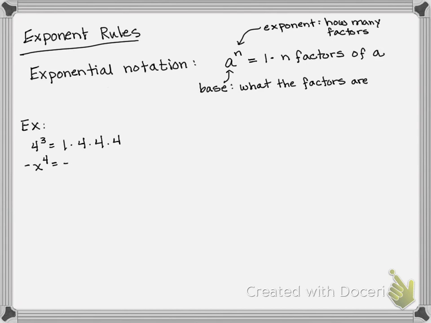So this is that negative sign, then 1 times 4 factors of x. Note here that the base is x, it's not negative x, because the exponent applies only to the factor that is directly to the left of it. The only way for it to apply to more than one thing is for that base to be in parentheses so that all of those factors are grouped as part of the base.